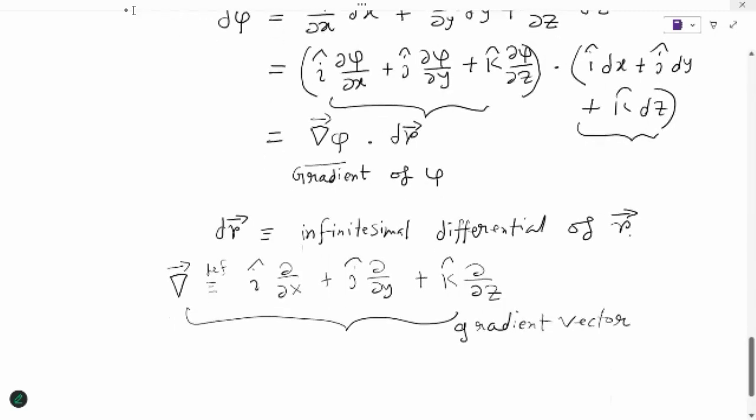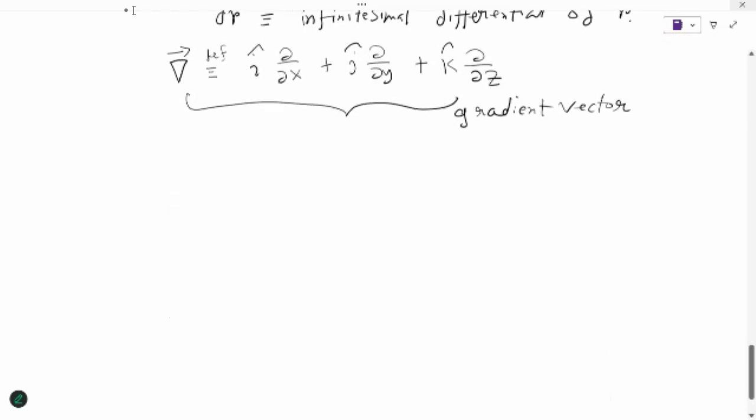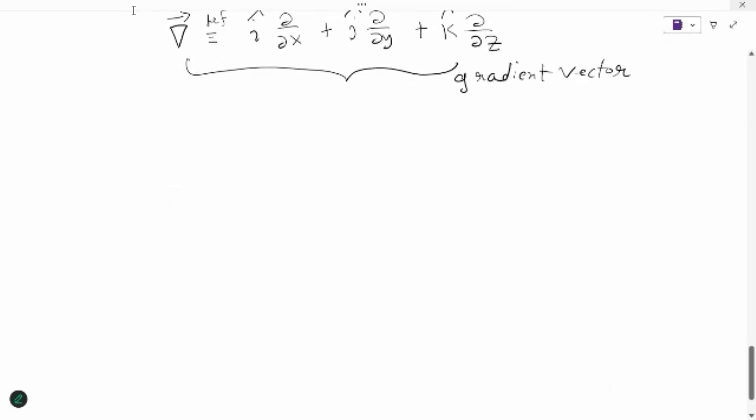Now we have to say something about gradient. Whenever this gradient acts over phi, it gives a vector, say a. Now this a depends on x, y and z.